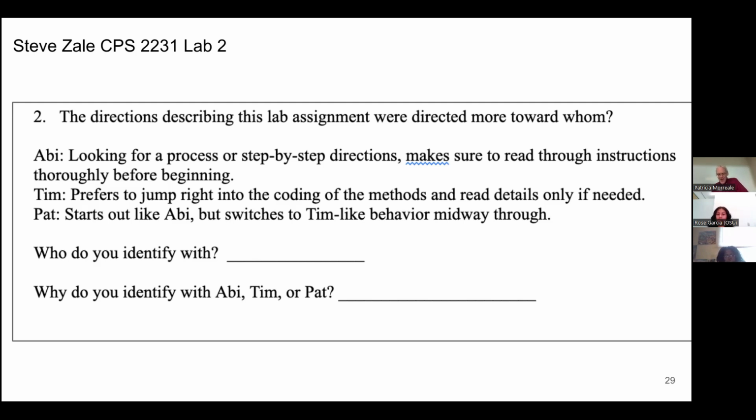So I found that these questions were a great way to encourage students to reflect on their own cognitive styles and how they approach programming tasks. After going through all of the group projects, at the very end, I went over possible answers to these questions after the students submitted their responses.